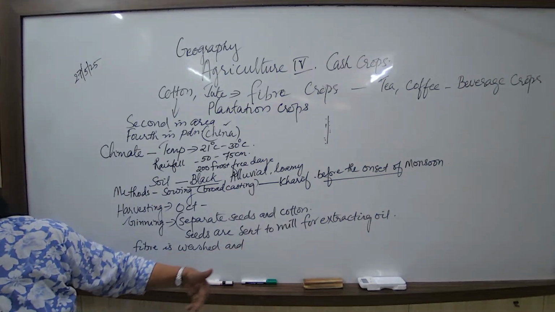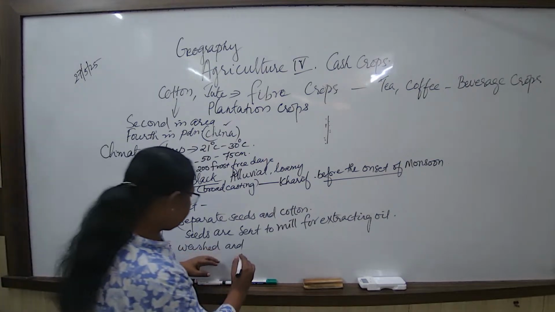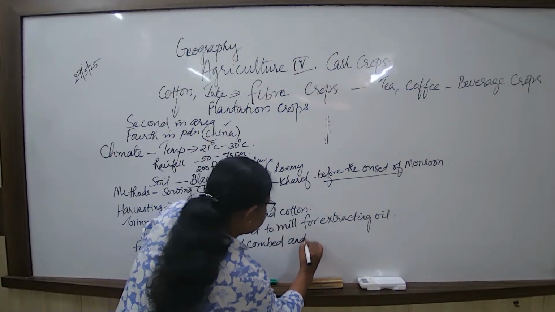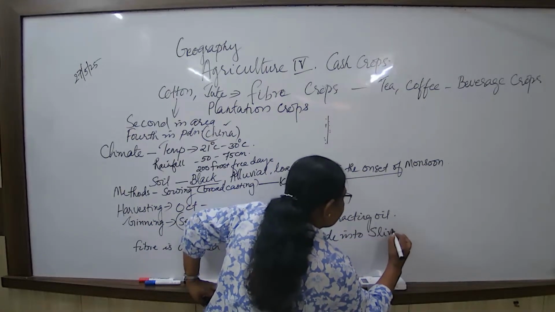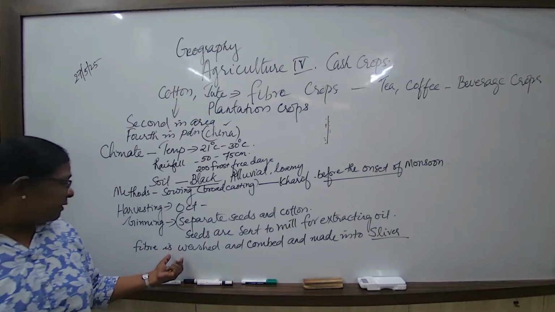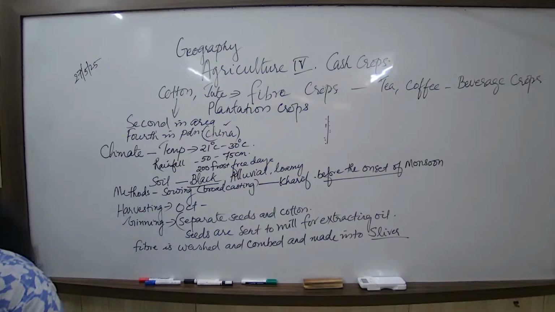Next, the fiber which is separated is combed and washed and made into sliver. Understood? Sliver is the product we get after the lint is separated, the fiber-like substance which is ready for making cloth.